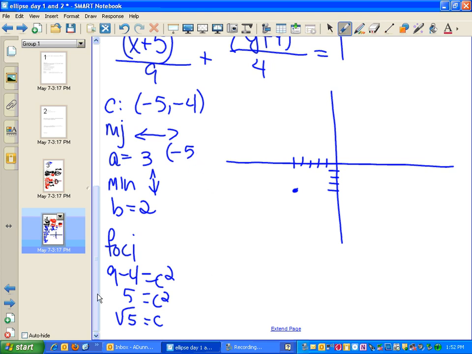To the -5 or to the -4? If I'm going left to right, yeah. If I move it along the x, then I add it along the x. Okay? So plus and minus 3 comma -4 tells me I get -8, -4, and -2, -4. Right?